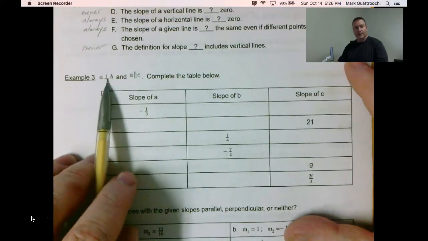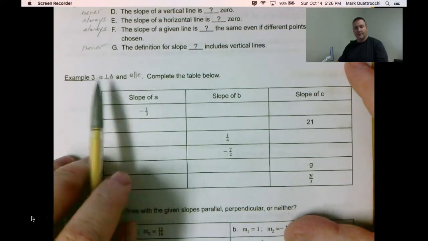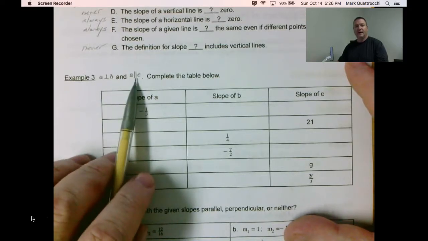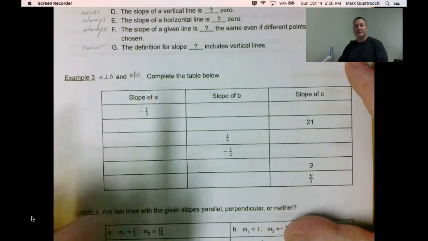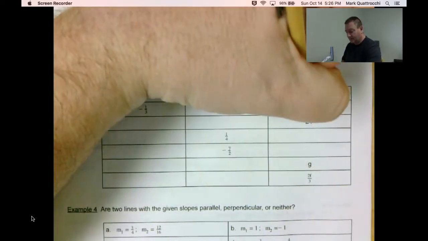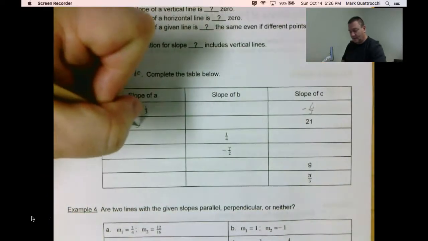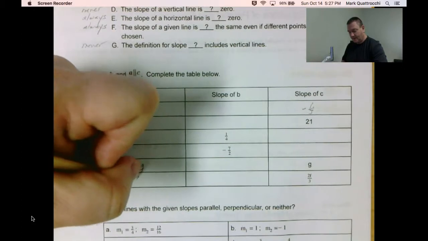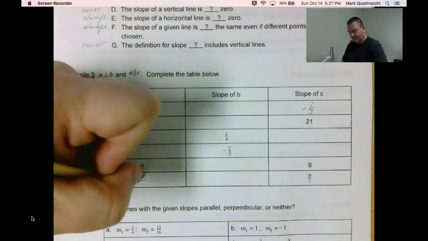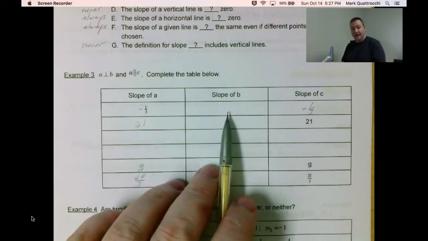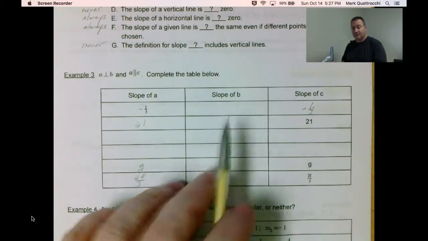Lines A and B are perpendicular. Lines A and C are parallel. So the slopes of A and B are going to be negative reciprocals of each other, and the slopes of A and C are going to be the same. Negative 1/3, 21, G, 2f over 3. The slopes of A and B are negative reciprocals of each other.